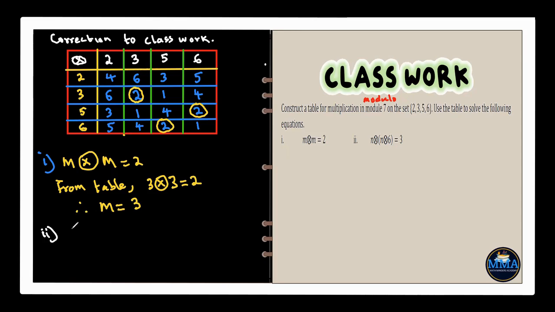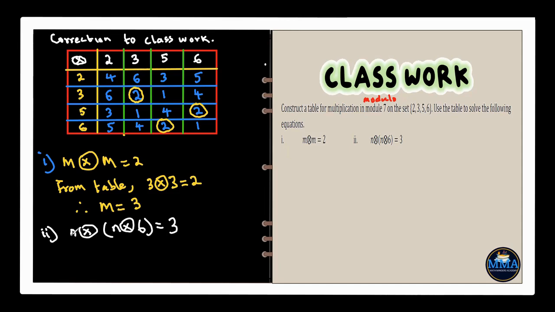Then they said, if you multiply a number n by n times 6, you get 3. Now, let's handle this. We are looking at numbers in this bracket.